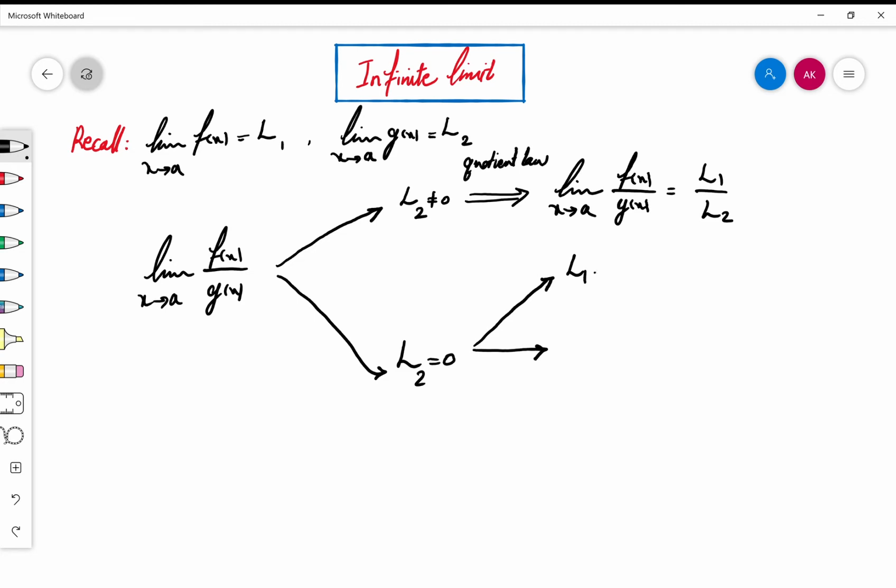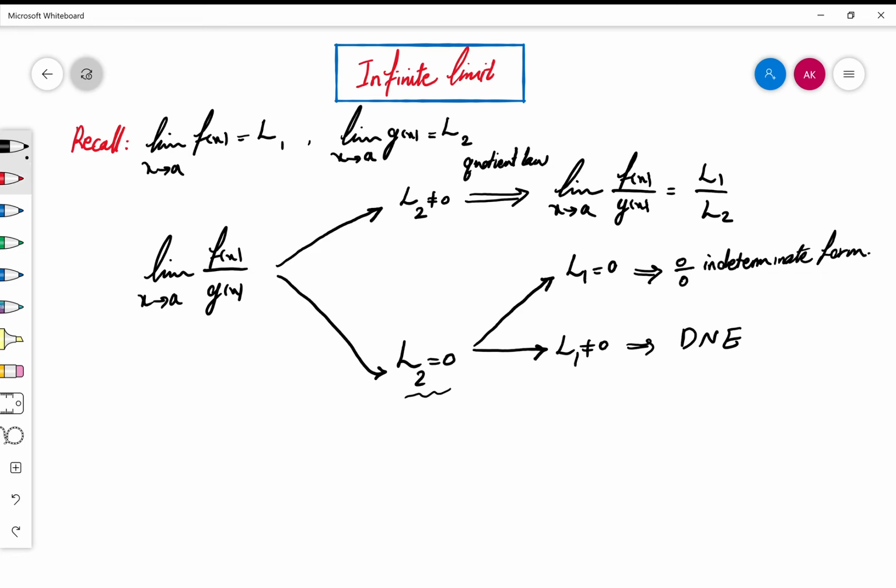If L1 itself is also zero, so the limit of the numerator is zero, the limit of the denominator is zero, then we had what we called 0 over 0 indeterminate form. And well, if L1 was non-zero, so if the limit of numerator is non-zero, limit of the denominator is 0, then we said that that limit does not exist.